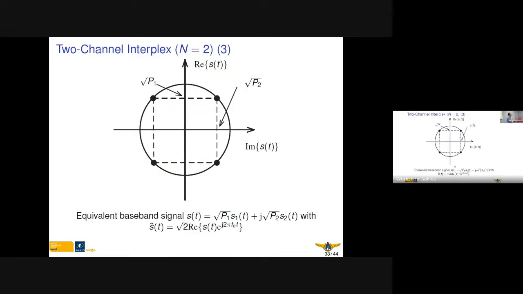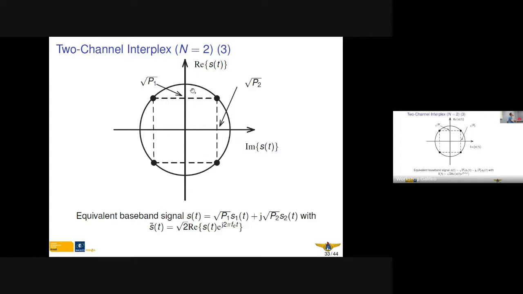So if we look at the complex baseband signal, remember that S tilde is the RF carrier signal, so the passband signal, and we can also write this in the form of a complex baseband signal. Here you have the relation between the complex baseband signal and the passband signal.